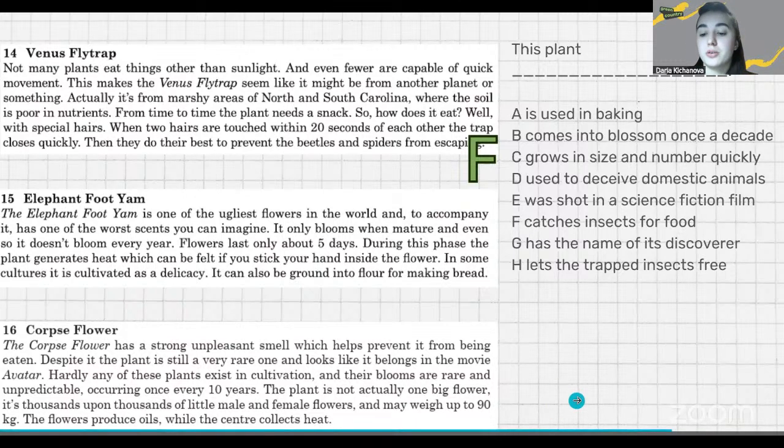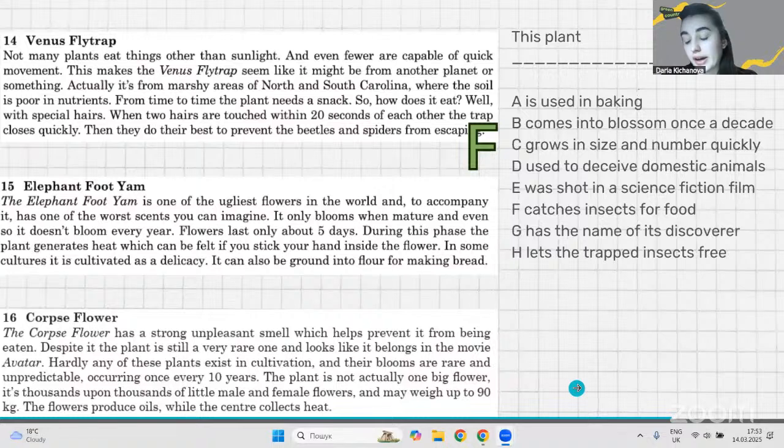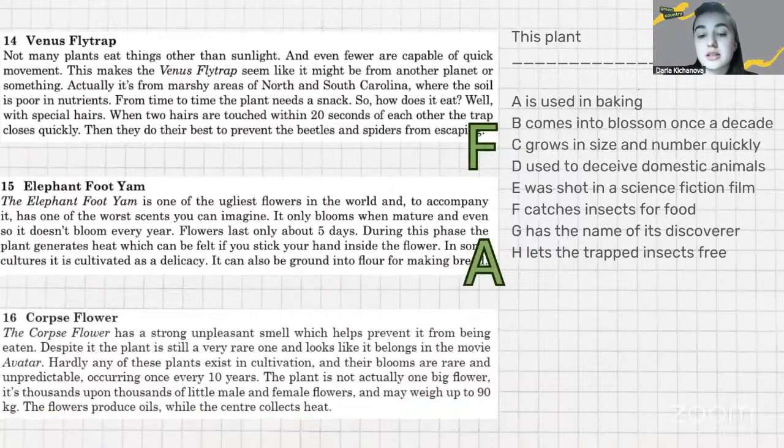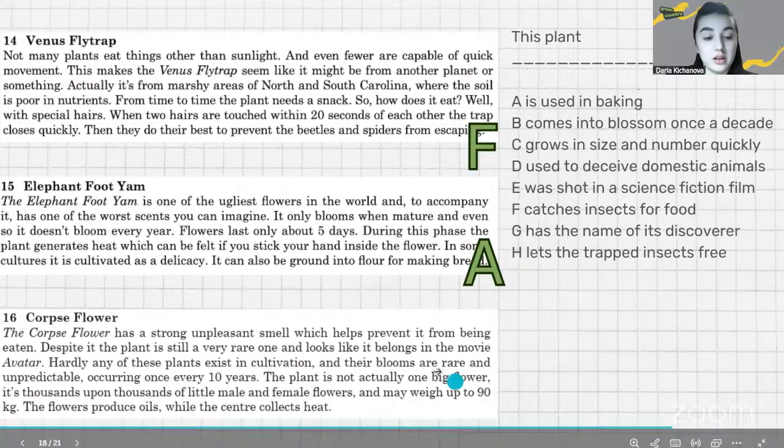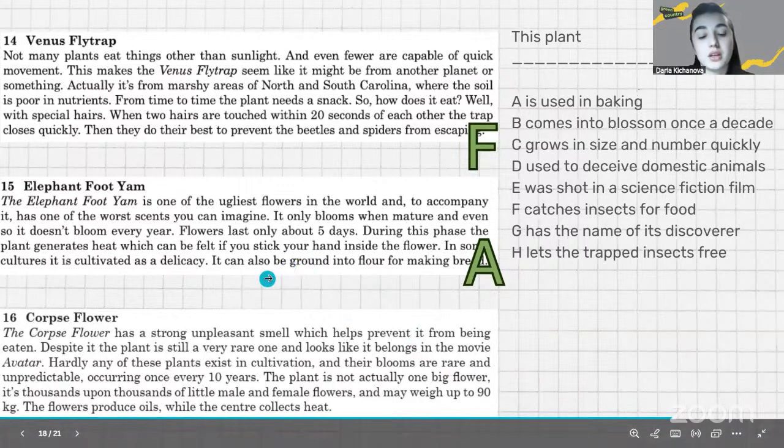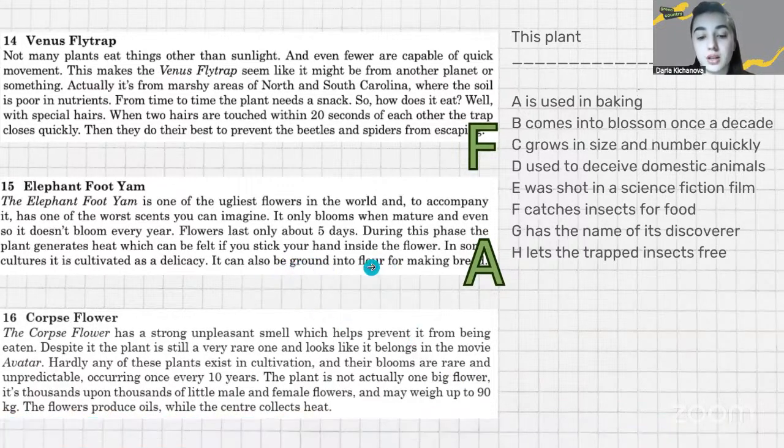Okay, you think it's B, but actually it is A. And let's check why it is A, because there we can see that it can be ground into flour for making bread.